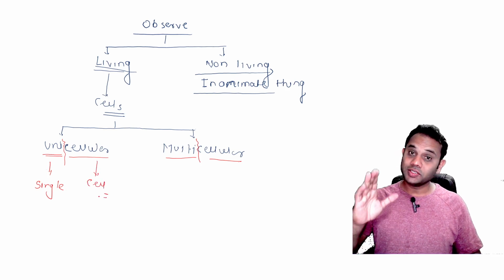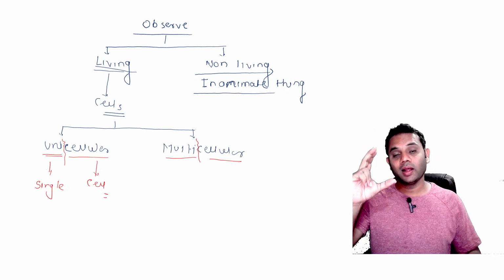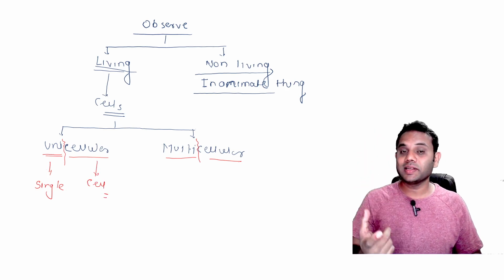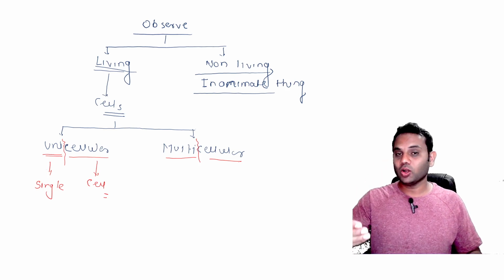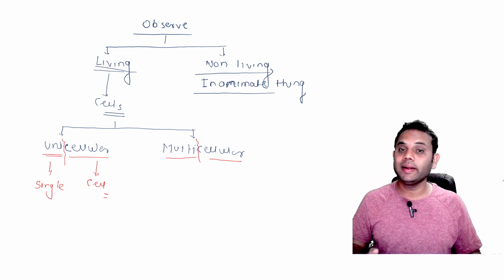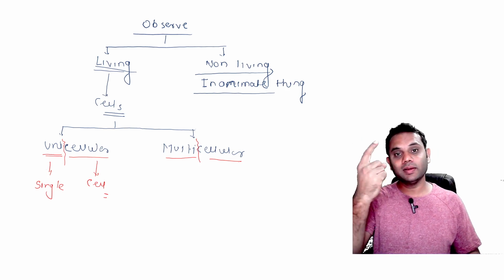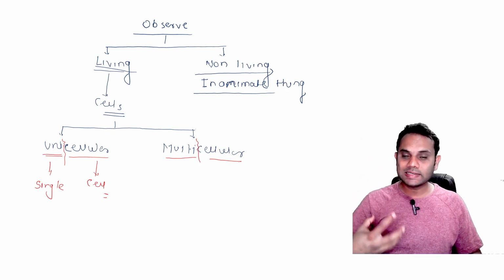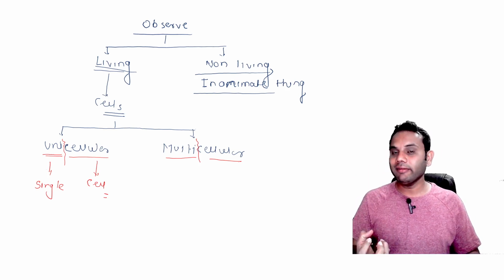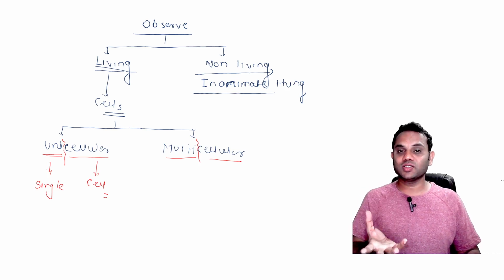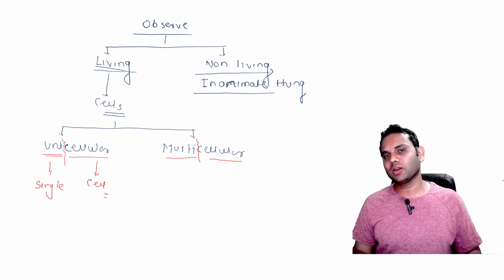Later, we'll talk about how the cell has independent existence. It means the entire organism can be a single cell, and that cell is capable of doing all the activities needed for living. Therefore there is existence of unicellular organisms. So what can be the examples of unicellular organisms?